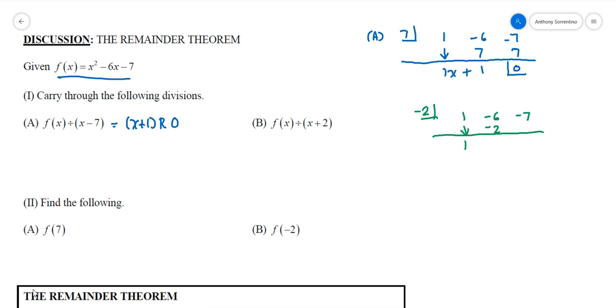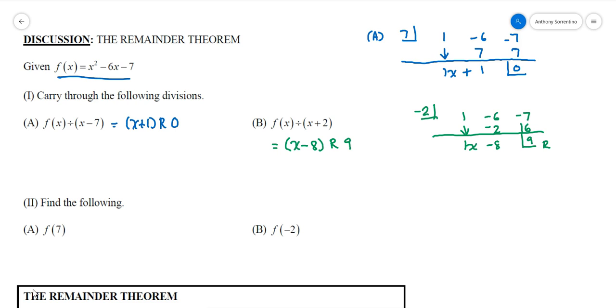Add those together, I get a negative 8. Multiply that by negative 2, I get a 16. 7 plus 16 is 23. This is my remainder. This is my constant term. This is my x term. And so when I carry this through, I end up with x minus 8 and a remainder of 23.